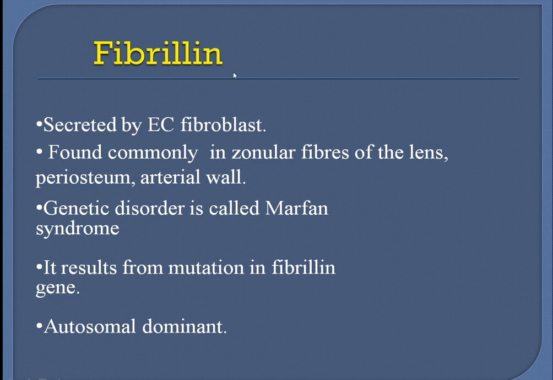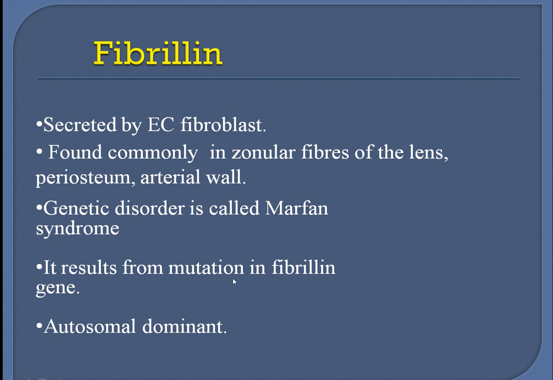The next is fibrillin. Fibrillin is a glycoprotein secreted by extracellular fibroblasts. It is found in zonular fibers of the lens, arterial wall and periosteum. There is a genetic disorder, Marfan syndrome, which is associated with the fibrillin protein.